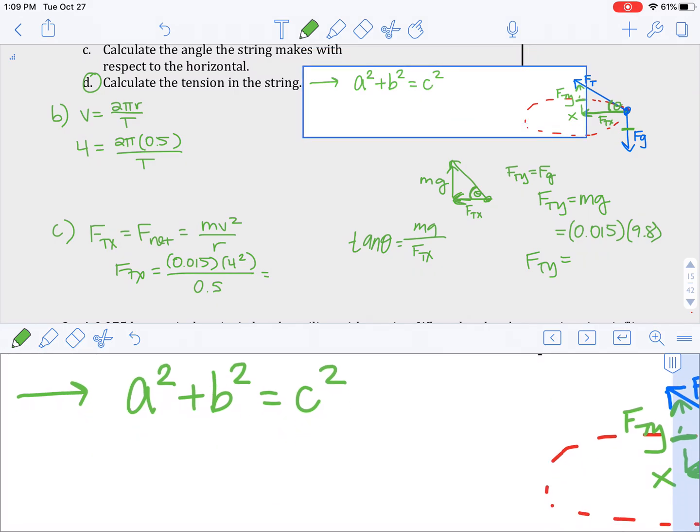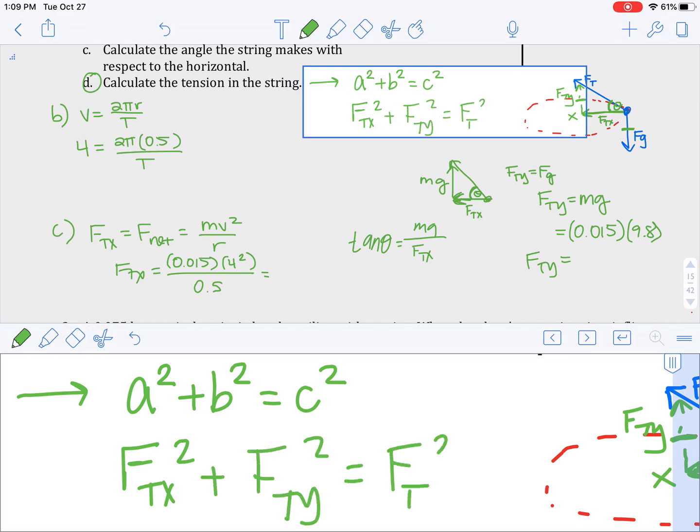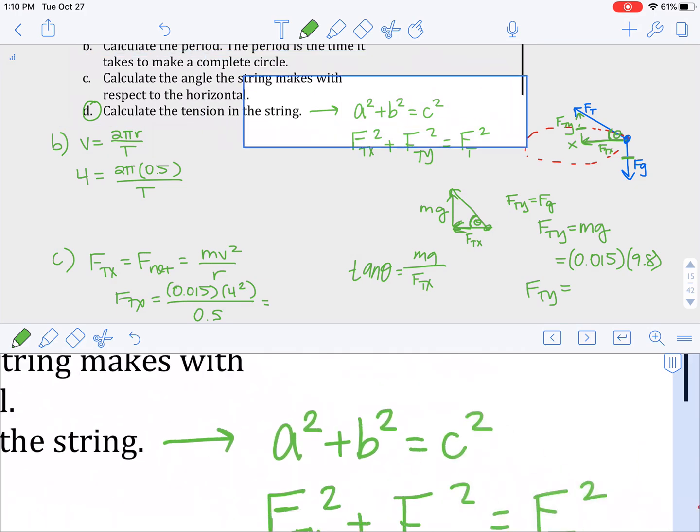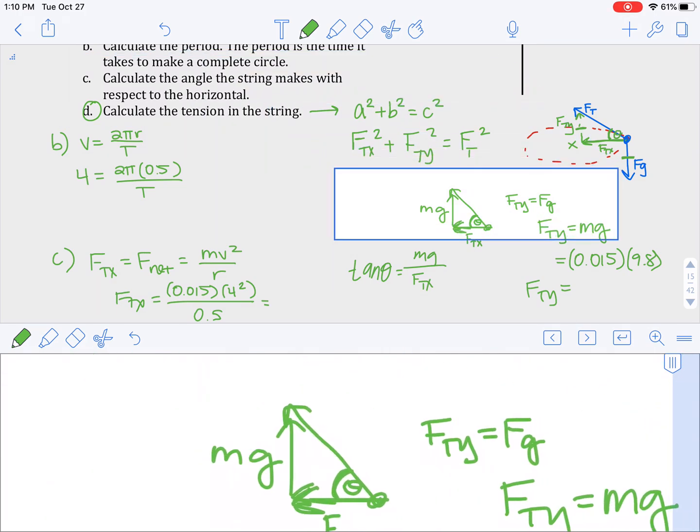So I could use FTX squared plus FTY squared would give me FT squared. So I could do part D before I actually calculate the angle, and then I could use sine, cosine, whatever I wanted to calculate theta. If you have all three sides of the triangle, you can use any trig identity that you want.